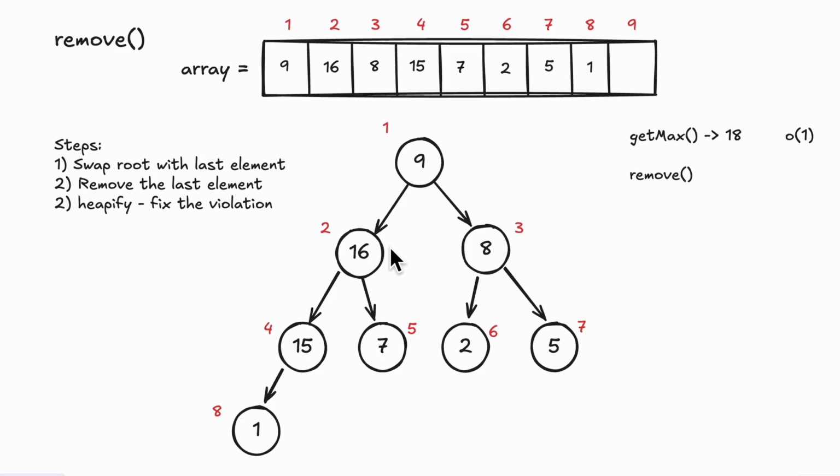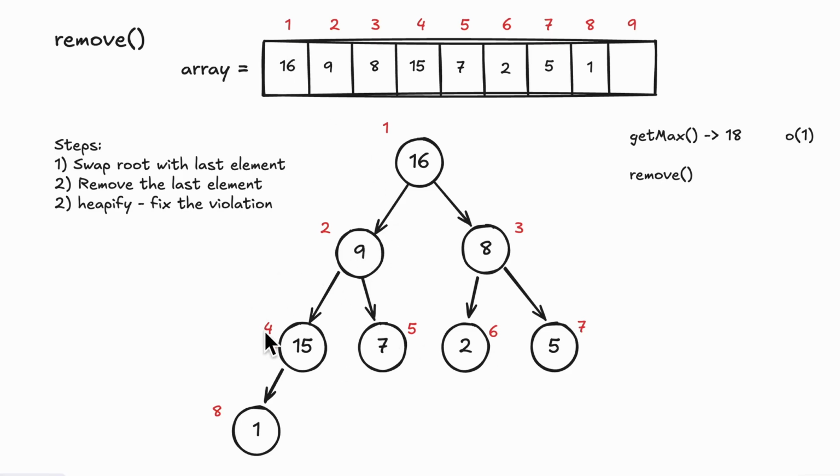Hence there is this violation. So we'll swap the 9 with this 16. This is a part of the heapify function. So 16 will go over here and 9 will come over here.